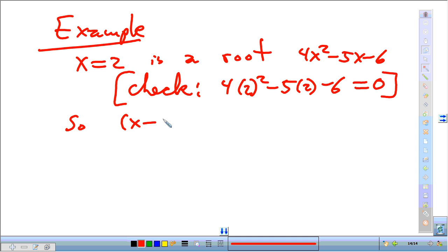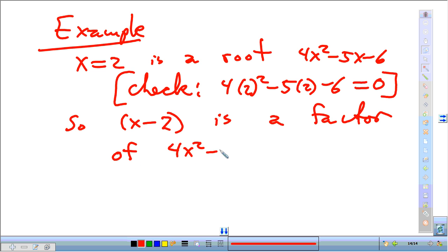But that means x minus 2 is a factor. So factors and roots, factors and solutions, go hand in hand.